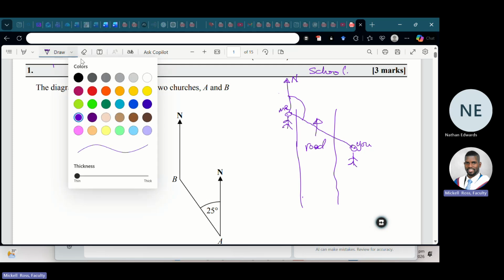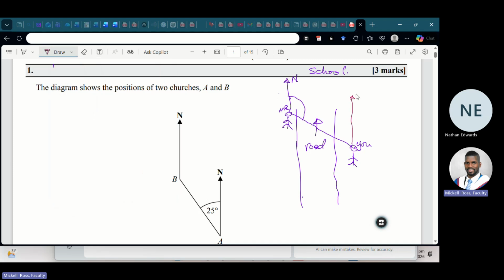But here's your problem now. You are walking going down the road the same way. And if you need to look at me, you have to turn your head all the way around in this direction to look at me. Why? Because the bearing must measure from the north and go in a clockwise direction.